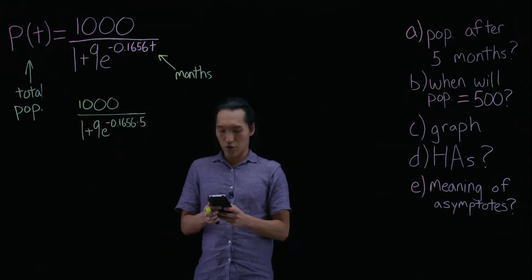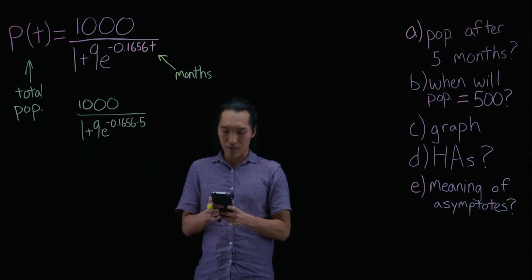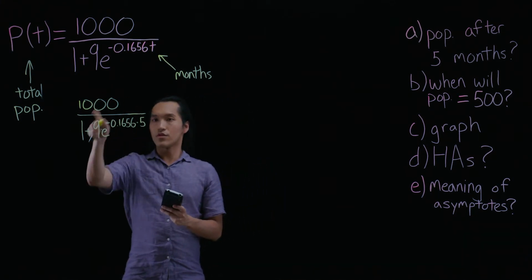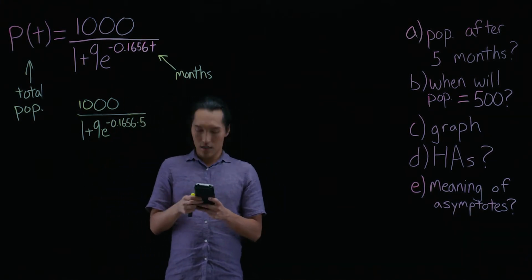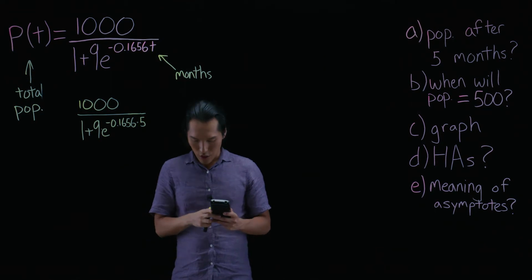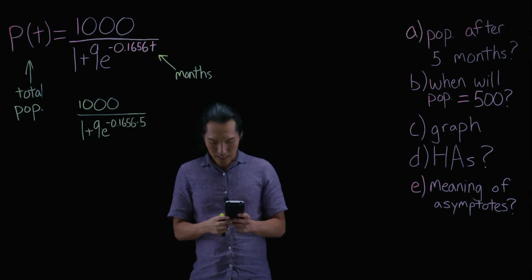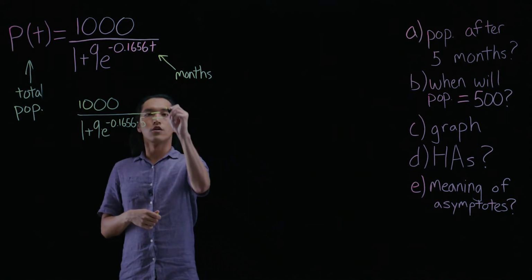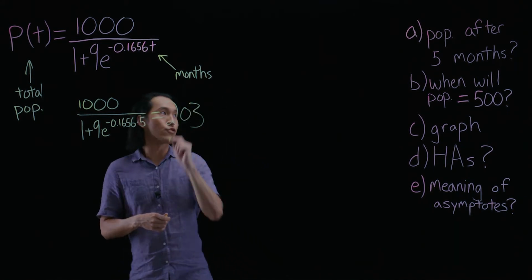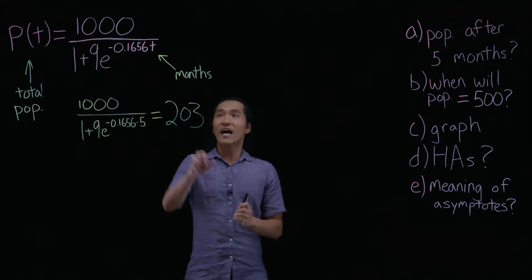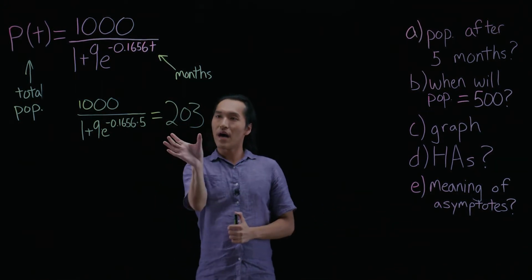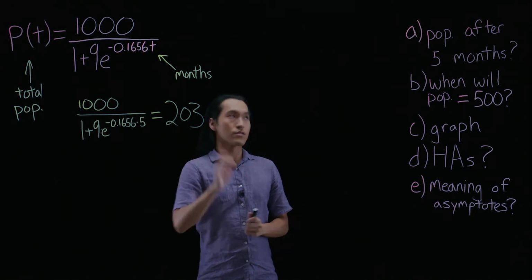We can just use our graphing utility, our calculator, to solve this. If we input these numbers, you will get roughly 203 animals. Meaning, after 5 months, this forest will have about 203 animals.